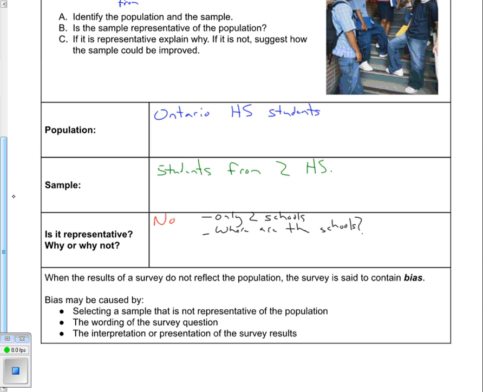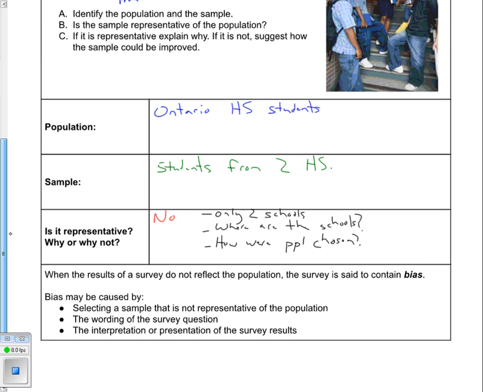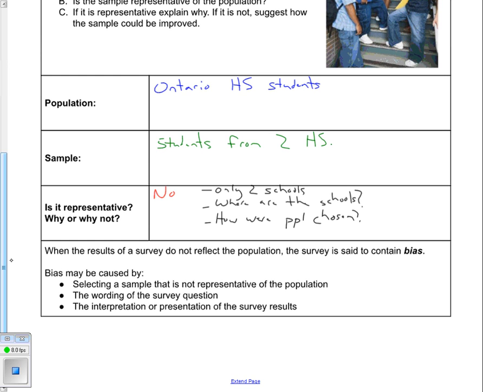We don't know how many people were asked and why. How were people chosen for the survey? Was it convenient? Was it simple random? Was it some kind of cluster technique? Who knows?